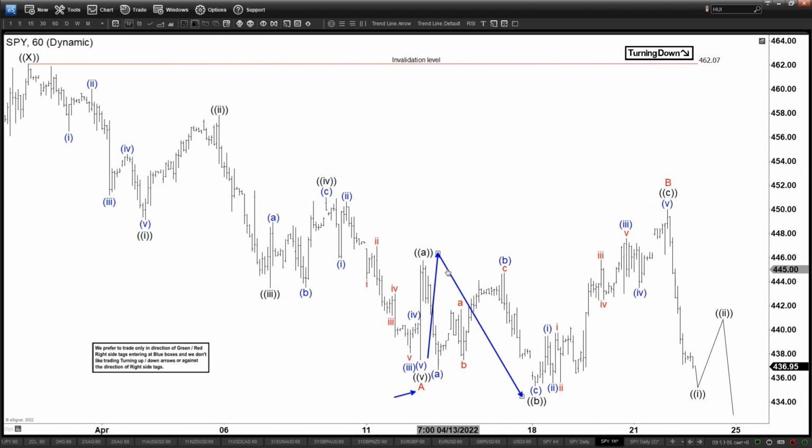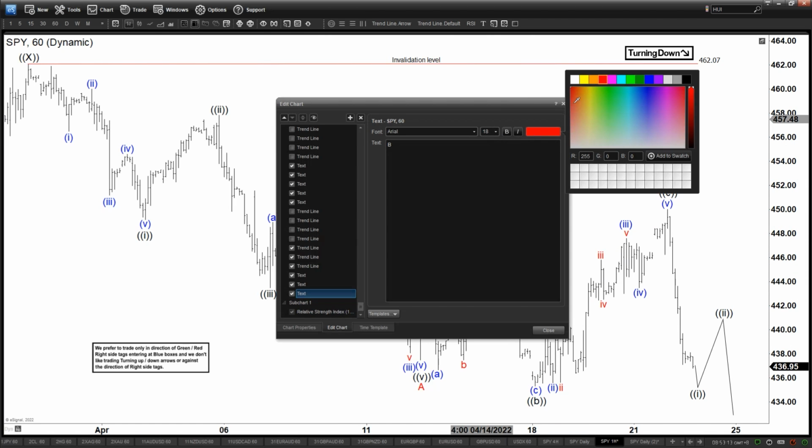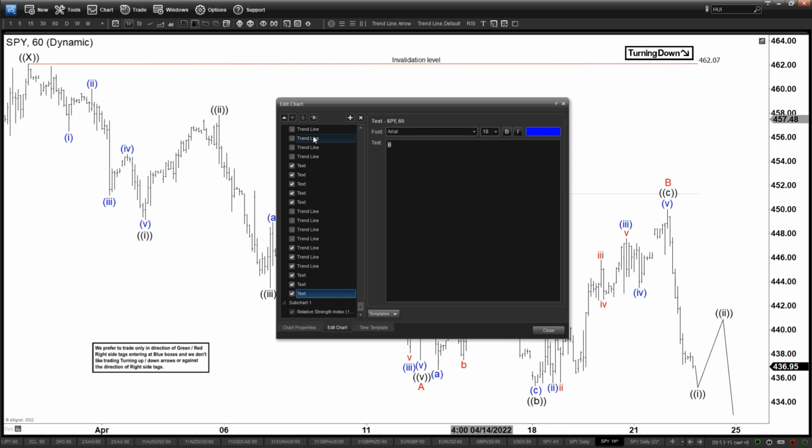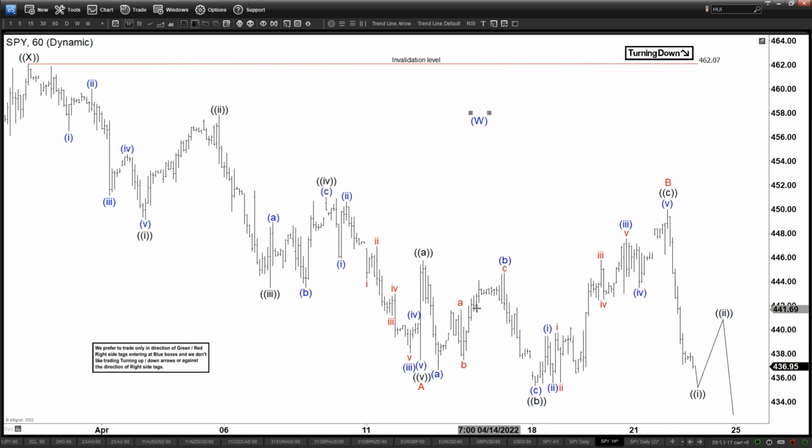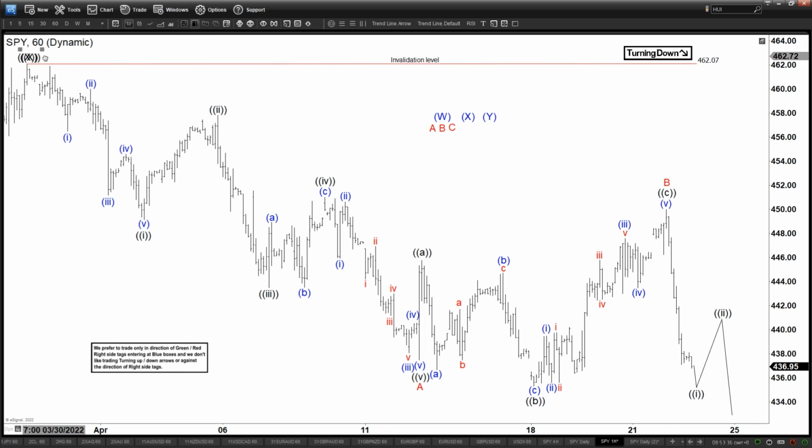That ABC, the zigzag, is going to be ending W in blue. Then we will have X in blue and then Y in blue before we finally finish the Y in black.